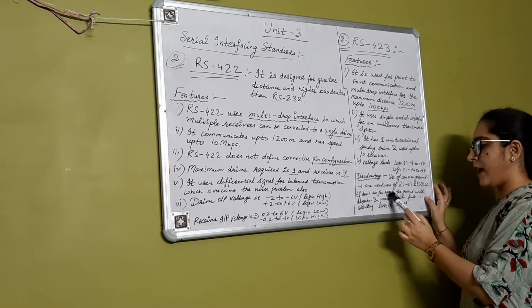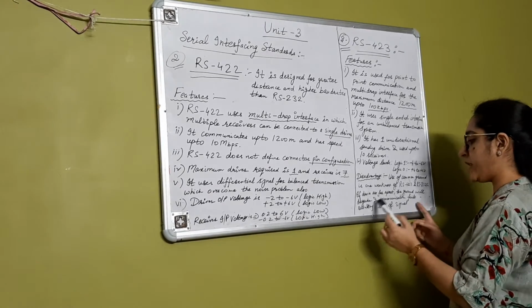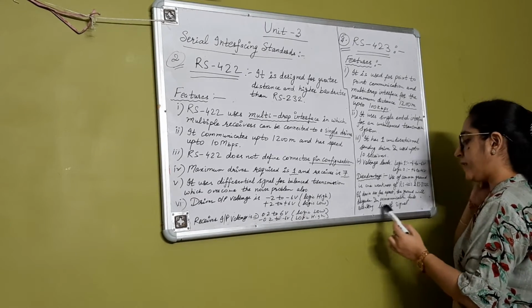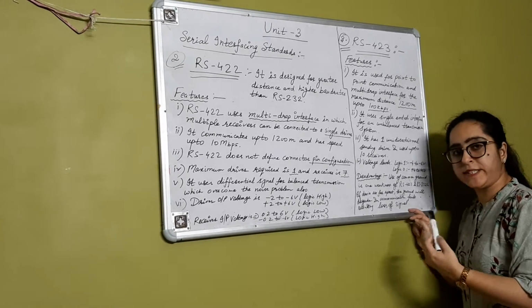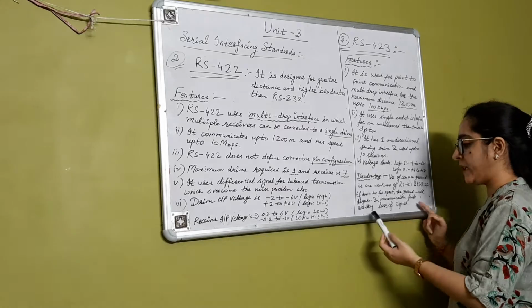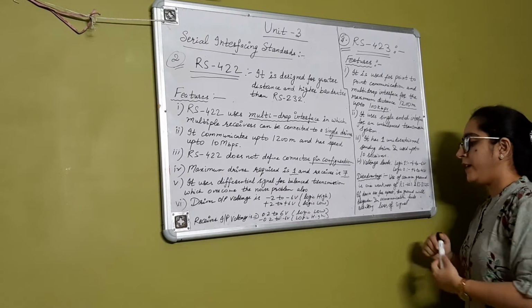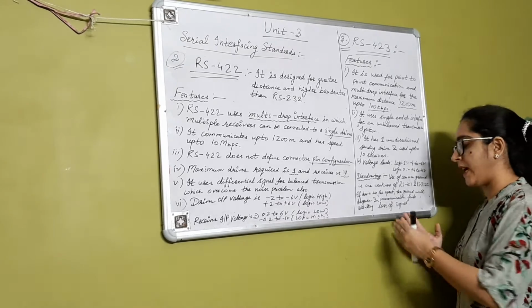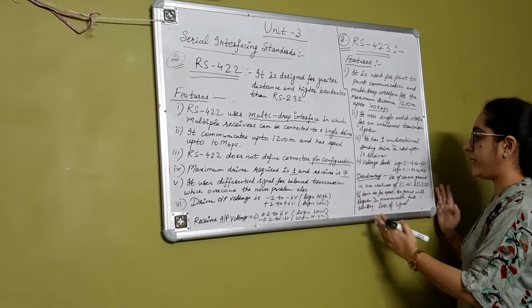If devices are far apart, the ground will degrade and the communication fails, resulting in loss of signal. So at times noise is generated in the signal due to the common ground, and if the devices are far apart, the signal gets weaker and at times it gets lost. Okay, so this is the disadvantage.